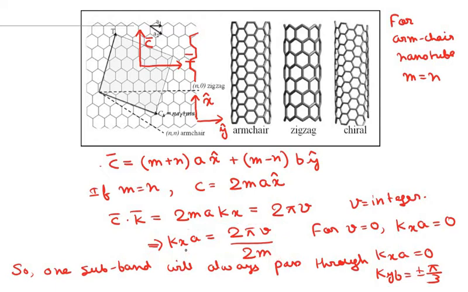That is why ky b equal to plus minus pi by 3 is also a valid wave vector for this armchair nanotube. And because for v equal to 0 one of the subbands always passes through kx a equal to 0, this armchair nanotube always displays a metallic property.